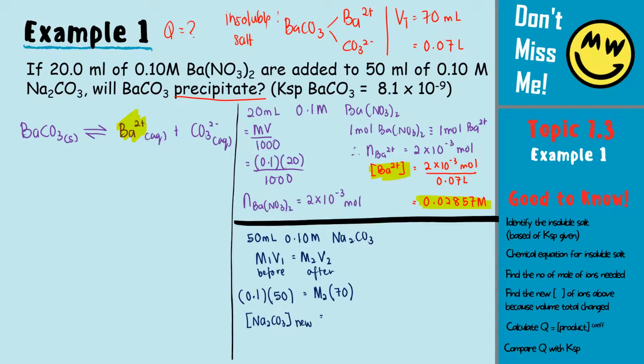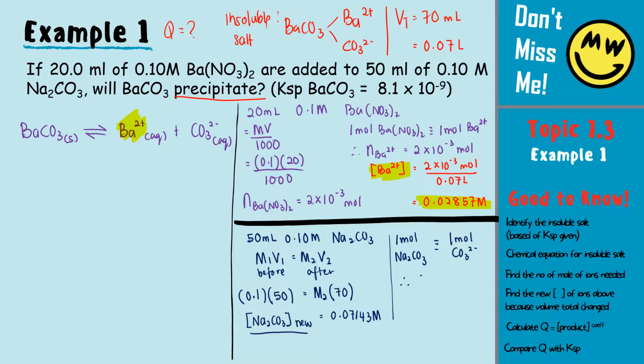That is the new concentration. And the new concentration calculated over here is 0.07143. But bear in mind, this is the concentration of the sodium carbonate. We are looking for the concentration of carbonate only. Therefore, the ratio: 1 mole of your sodium carbonate, Na2CO3, will produce 1 mole of your carbonate ion.